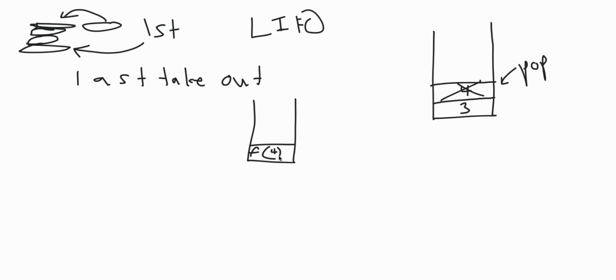If we call it for 4 at the beginning, then 4 will call 3, then 3 will call 2, and then 2 will call 1, where it ends. Then 1's finished, so it gets popped and returns a value. Then 2 finishes, gets popped, and then this finishes, and then it gets popped back to 4, where we then get our answer.